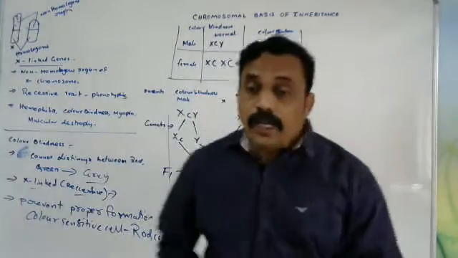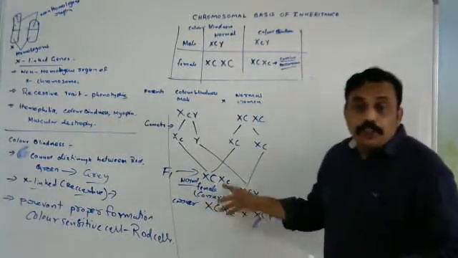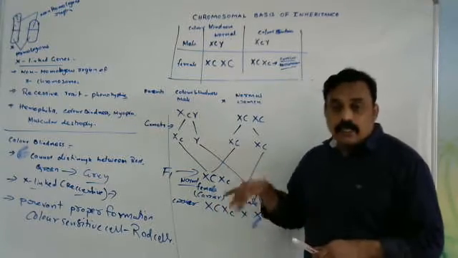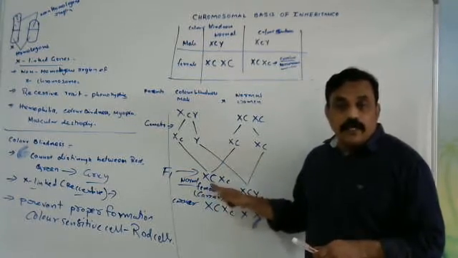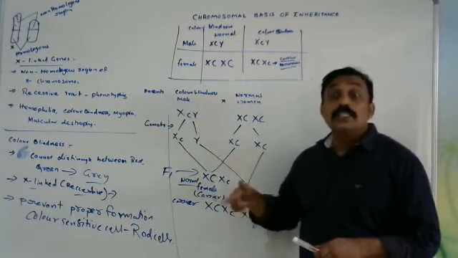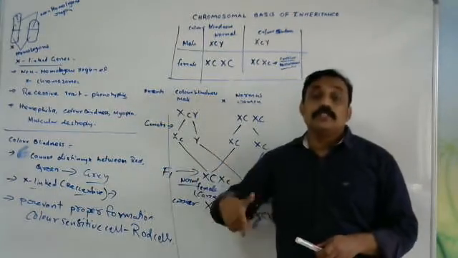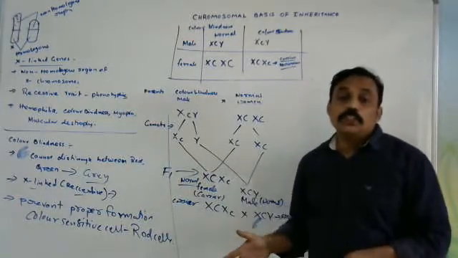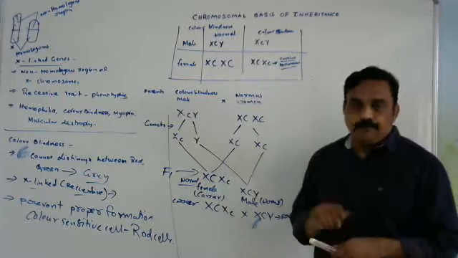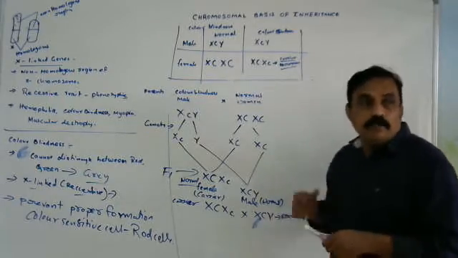Whatever we got in the F1 generation, all are normal only. The recessive trait is recessive only, it is not dominant. The female exhibits normal only, but she is a carrier, carrying the recessive trait. She married one normal male.